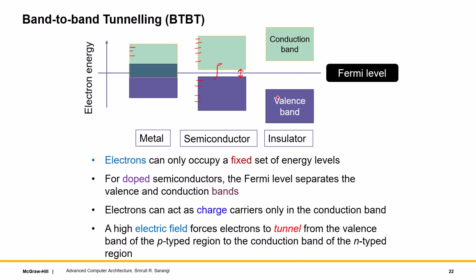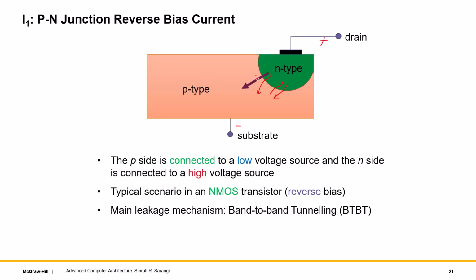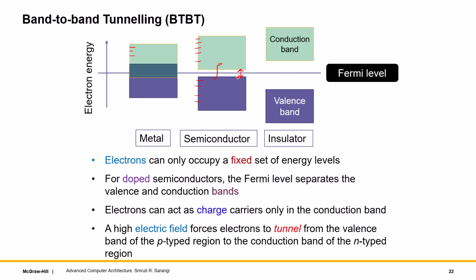So electrons can be pulled up to occupy positions in the conduction band of the n-type region, and then they can conduct current, and the actual current flow is the reverse of the electron flow. That's the reason you saw this direction over here of the current flow, because the electron flow is in the reverse direction.